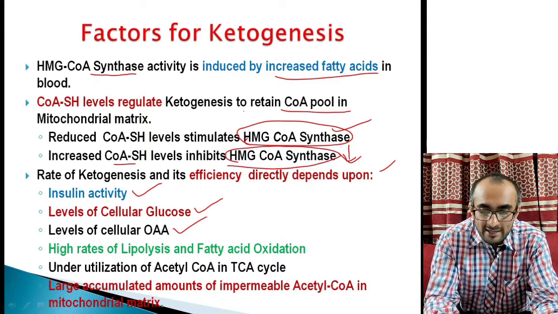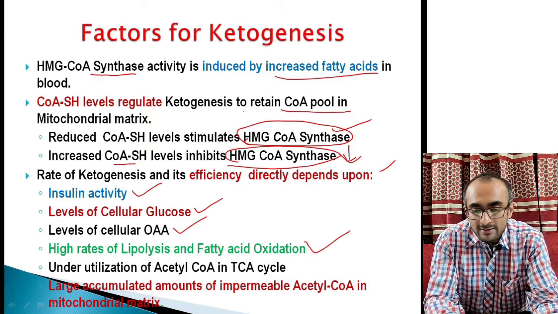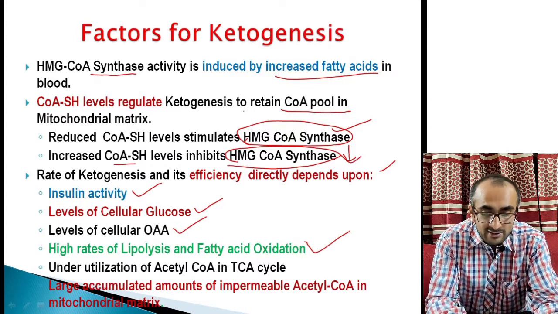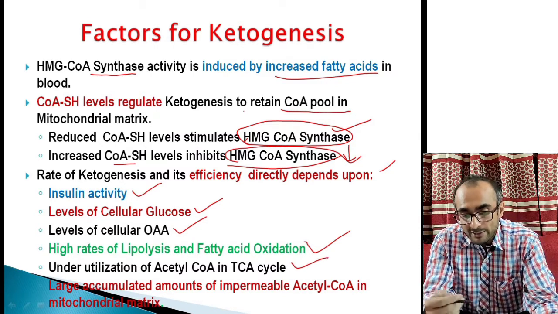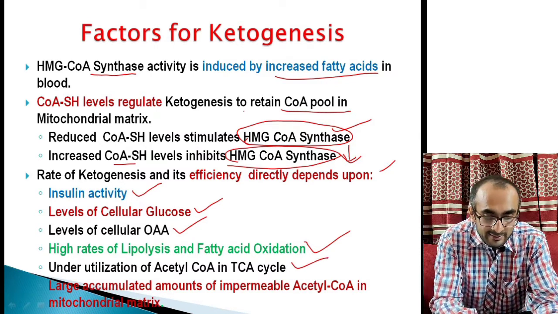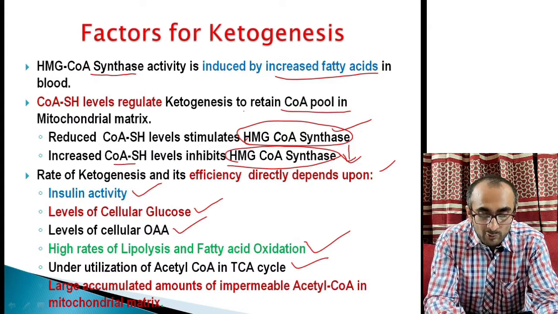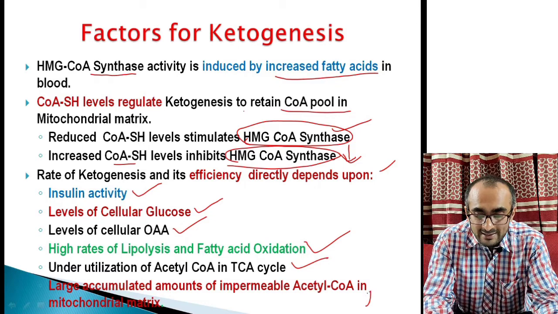A high rate of lipolysis and fatty acid oxidation also enhances ketogenesis. Underutilization of acetyl coenzyme A in the citric acid cycle also promotes ketogenesis. And a large accumulated amount of impermeable acetyl coenzyme A in the mitochondrial matrix also enhances ketogenesis.